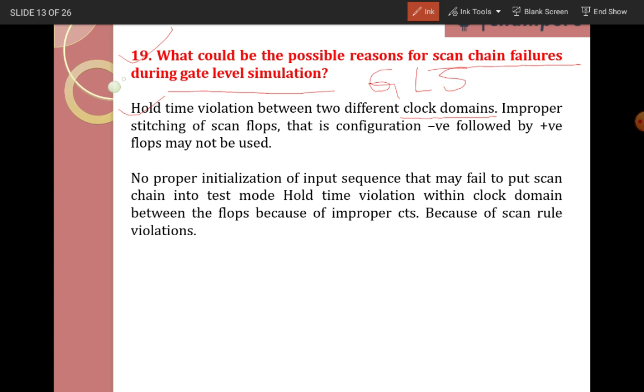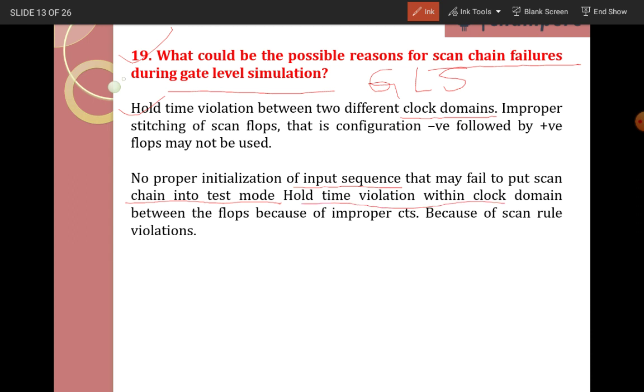Improper stitching of scan flops, that is, a configuration of negative flops followed by positive flops may not be used. No proper initialization of the input sequence may fail to put the scan chain into test mode.